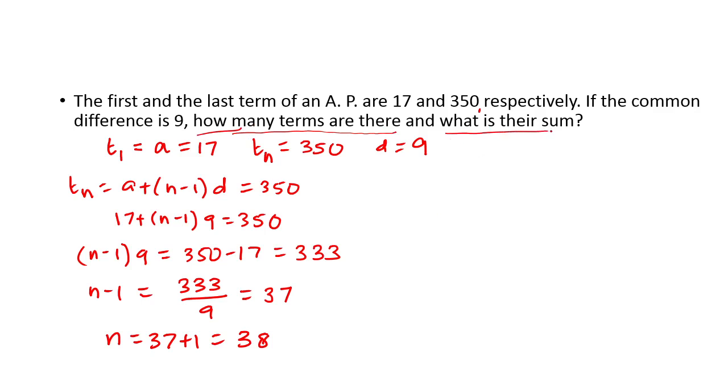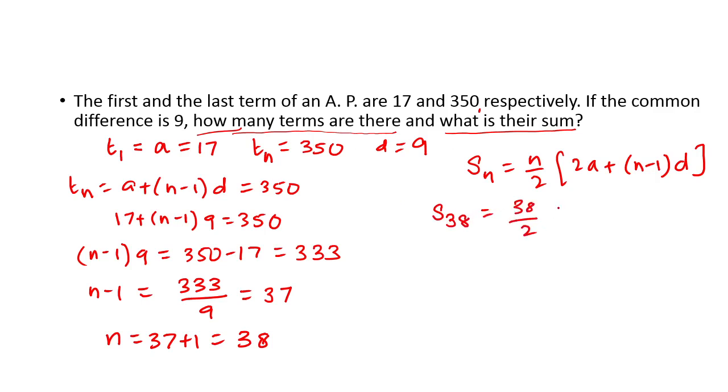Next question is, what is their sum? So I want to find out the sum, so we'll use Sn formula. So Sn is n upon 2 into 2a plus n minus 1 into d, and we know that these are already 38 terms, so we'll have to find out S38. So it is 38 upon 2 into 2 into a is 17 plus 38 minus 1 into d, d is 9.